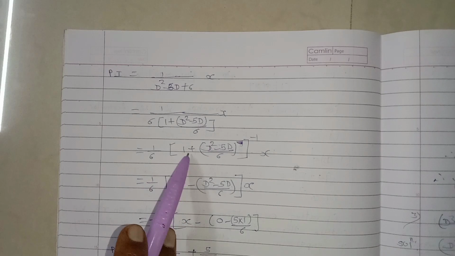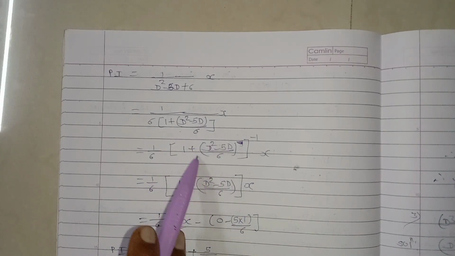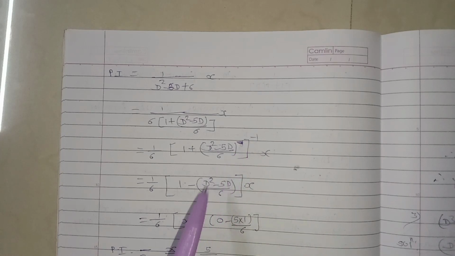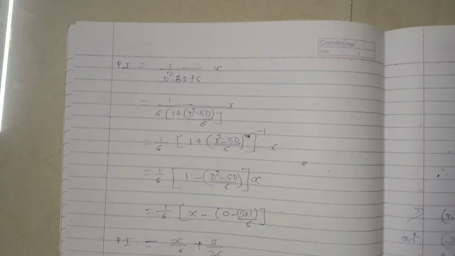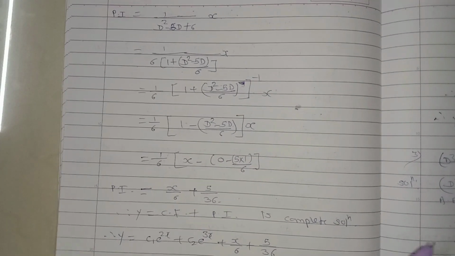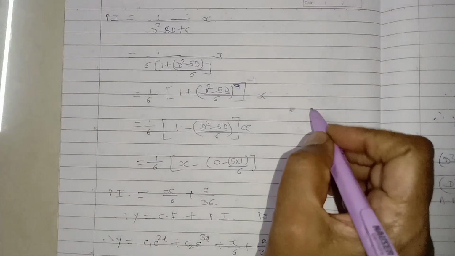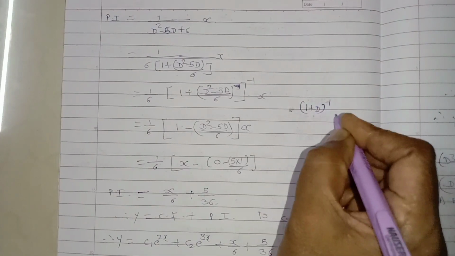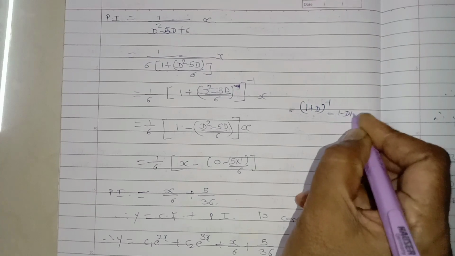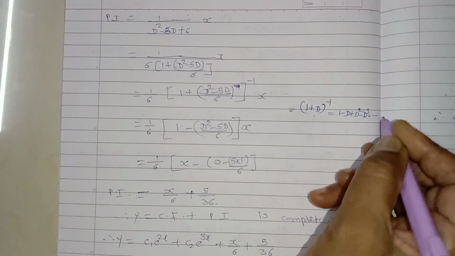Then by theory we take this bracket in the numerator. So power is minus 1 operated on x, 1 upon 6 as it is. Now we expand this bracket by using the formula (1 plus D) raised to minus 1 equal to 1 minus D plus D square minus D cube plus and so on.